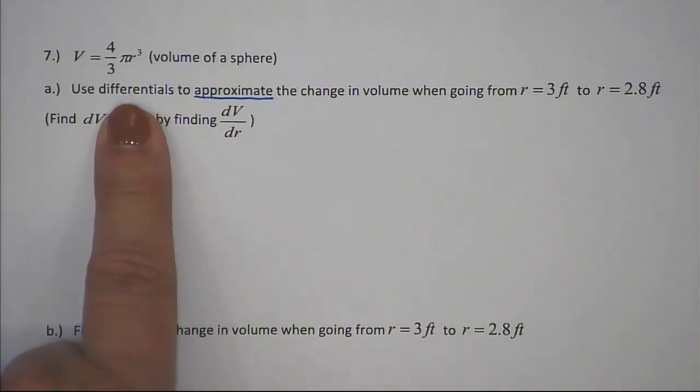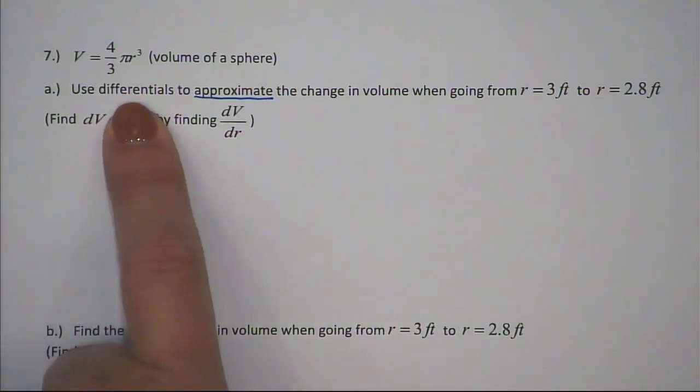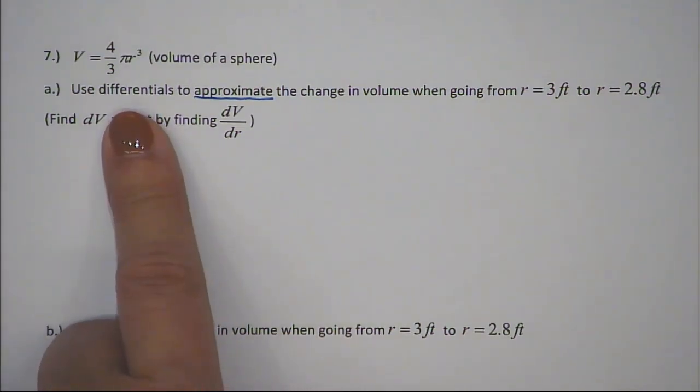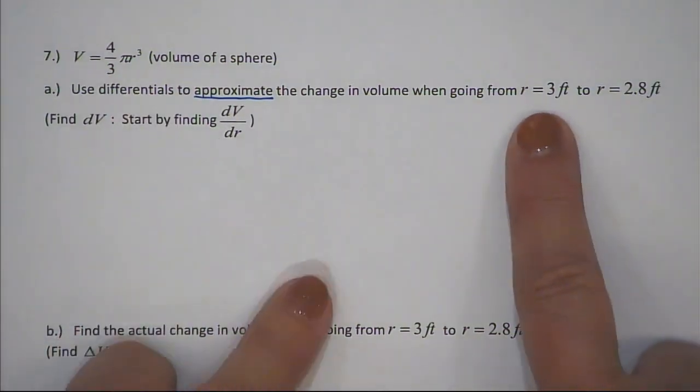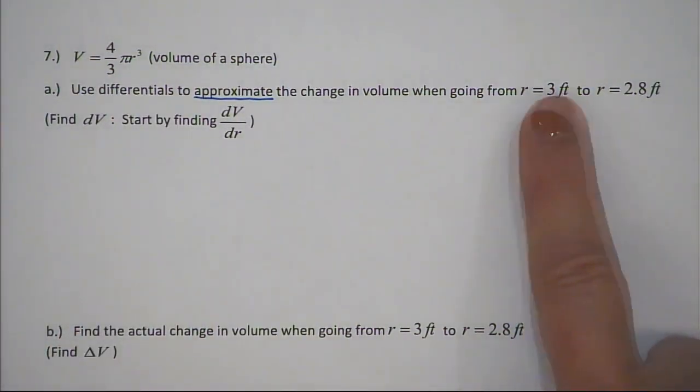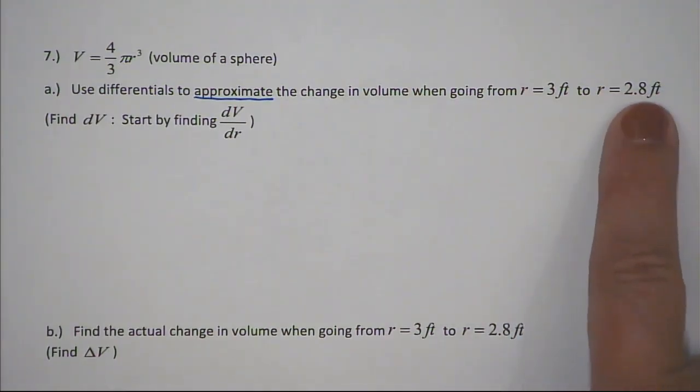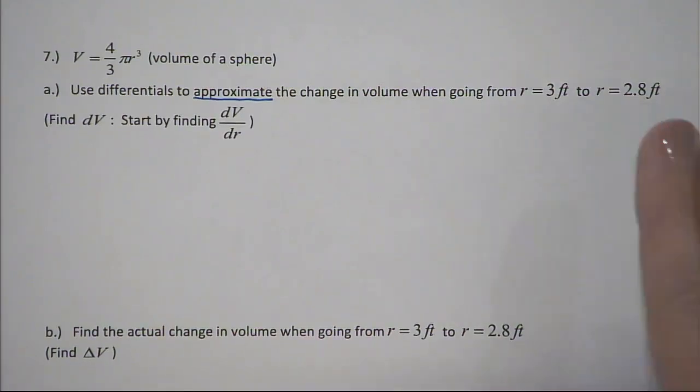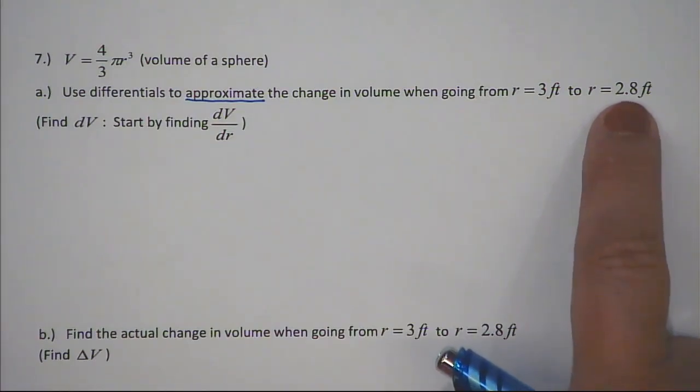So we're going to use the derivative times the change in x to find an approximate change in volume if we go from a radius of 3 feet, so there's our original r, to a radius of 2.8 feet. So we're going to shrink this thing. So we should get a negative answer. So our original r is 3, the new r is 2.8.